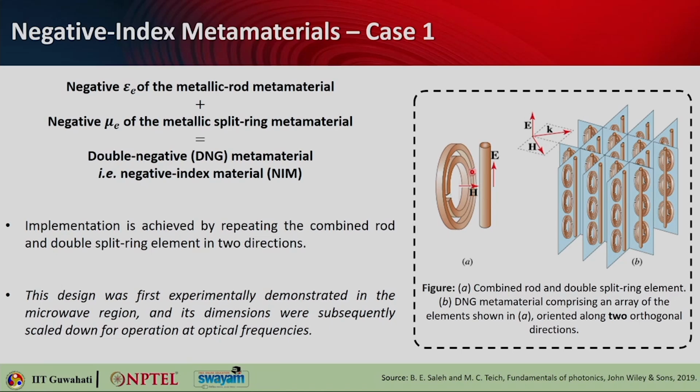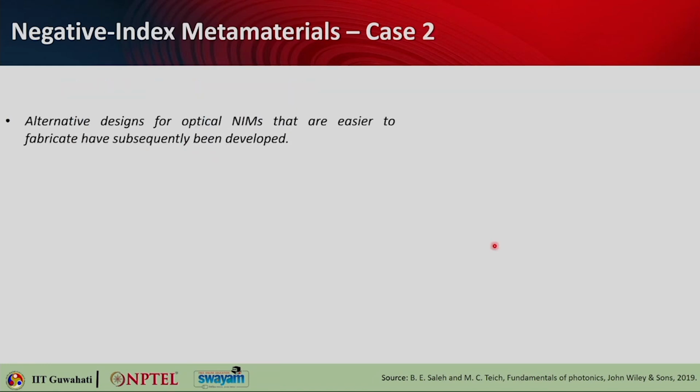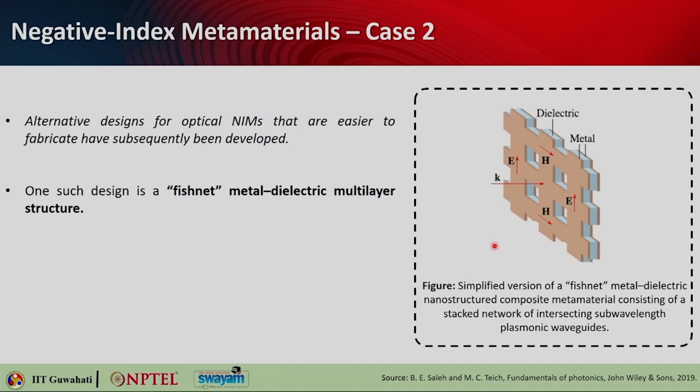You may not be able to completely overlap them, so you can take the help of this double split ring resonator that has more tuning parameters, which allow you to get an overlap of this negative permittivity window with the negative permeability window. Now there are some alternative designs as well for achieving negative index metamaterials. So this is the second case that we will be discussing.